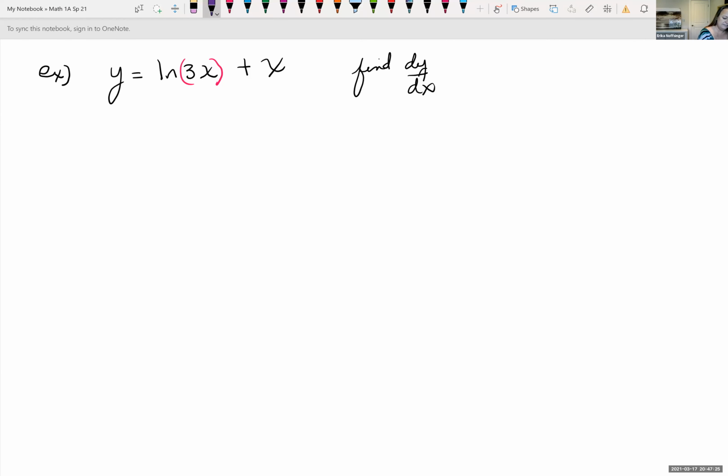So the derivative of this first piece: d/dx of the natural log of 3x, plus the derivative of the second piece, d/dx of x.